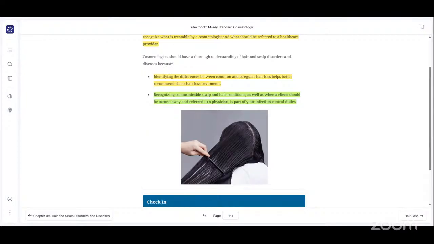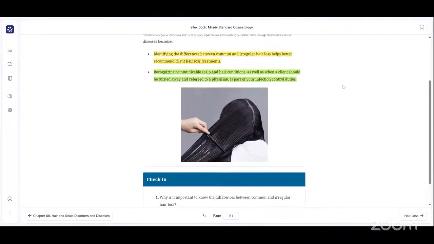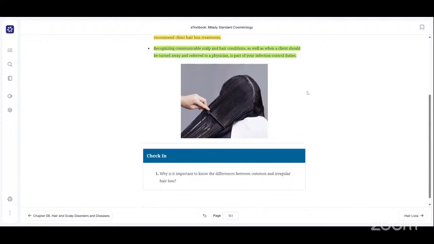So that was always cool when I would start to pick up on words that were big words, but had very small meanings. And so hair and scalp conditions, we're going to go over that, and also infection control.